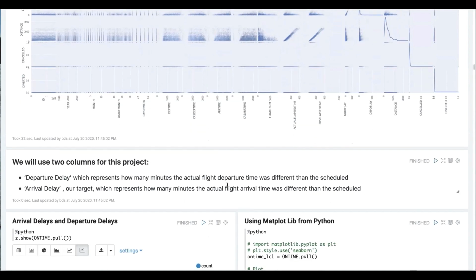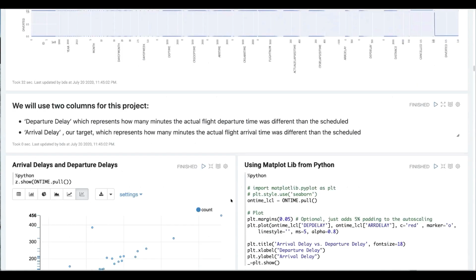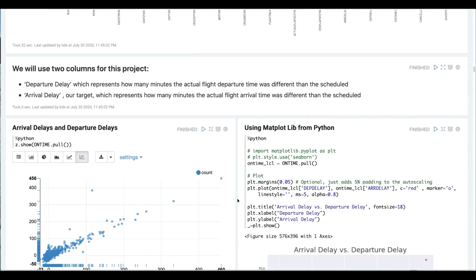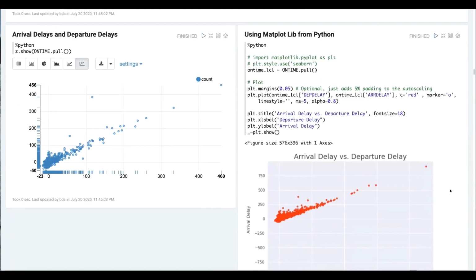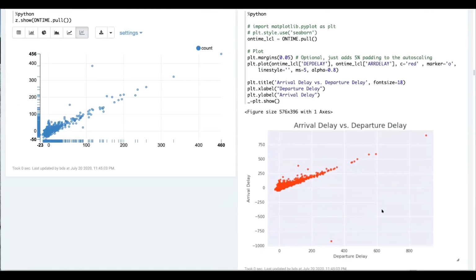So we're going to use, again, departure and arrival, and we want to plot them, right, one versus the other. So you can plot it with Zeppelin, but you can do the full plot in Python here, for example. And you can see how strange this thing looks, right? So, for example, immediately you can see that this guy looks completely out of the ordinary.